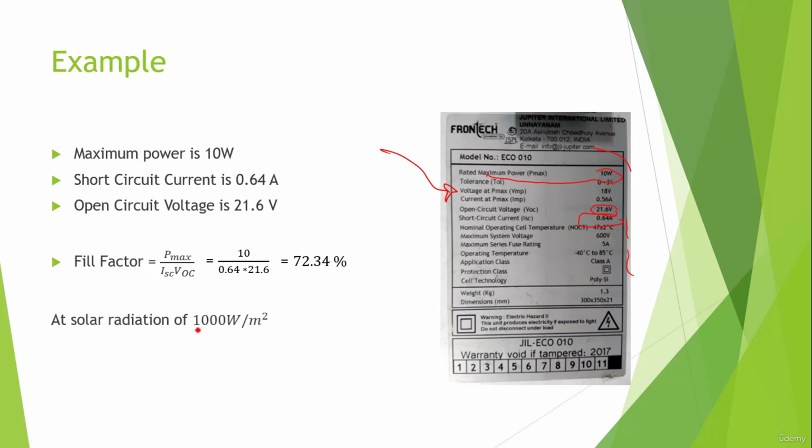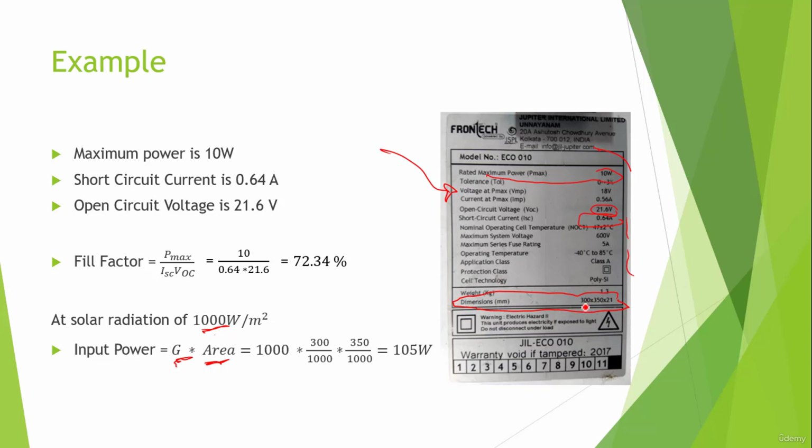If you have a solar radiation in the area you are working in right now of 1000 watt per meter square, it is easy to calculate the input power by multiplying the solar radiation times the area of the solar panel. The area of the solar panel can be calculated easily using these dimensions.